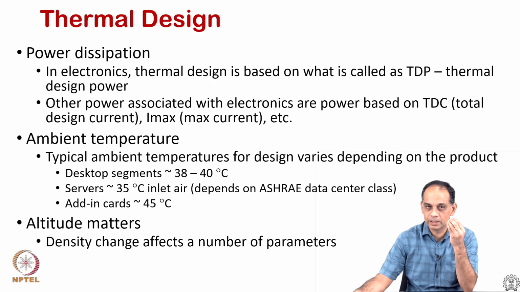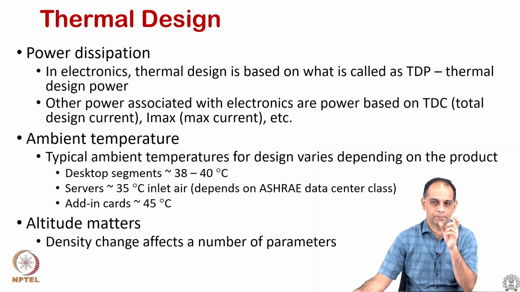There may be a TDC, total design current, and max current and so on, and the power associated with those things. But we are going to focus on this TDP and the steady state temperature or thermal design power. That is the power that we need to dissipate.